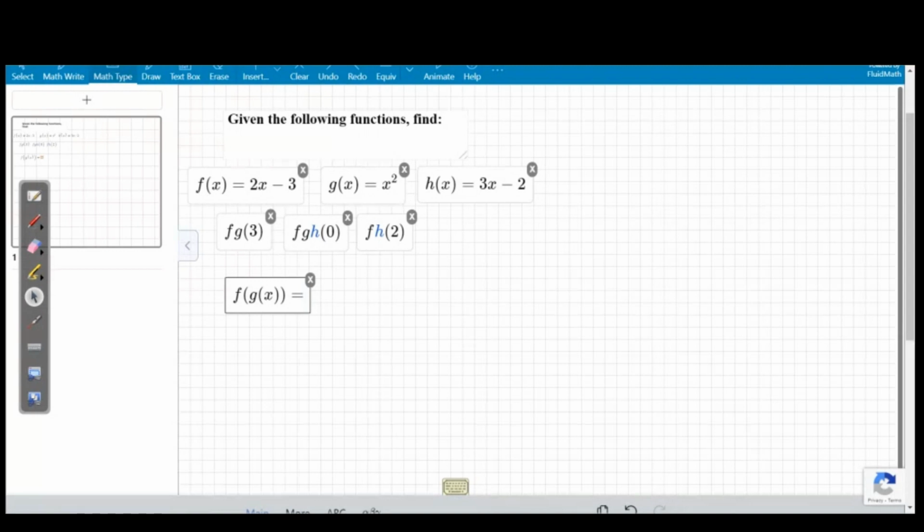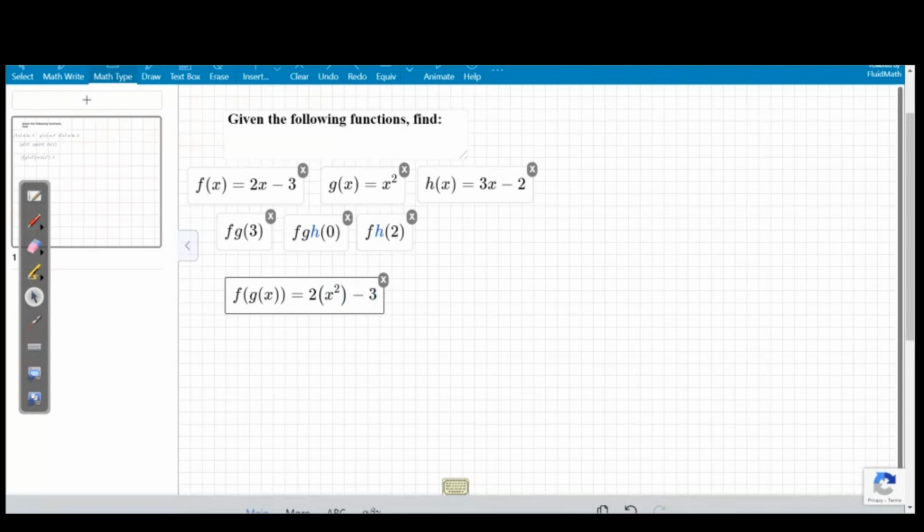Now, wherever we see x, we are going to replace it by g of x, which is x squared. So this becomes 2 into brackets x raised to the power 2, then we have minus 3.